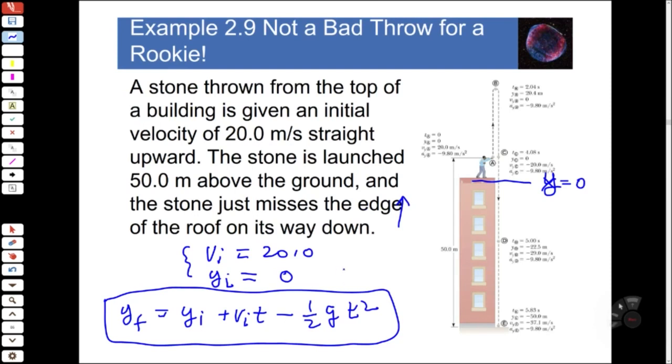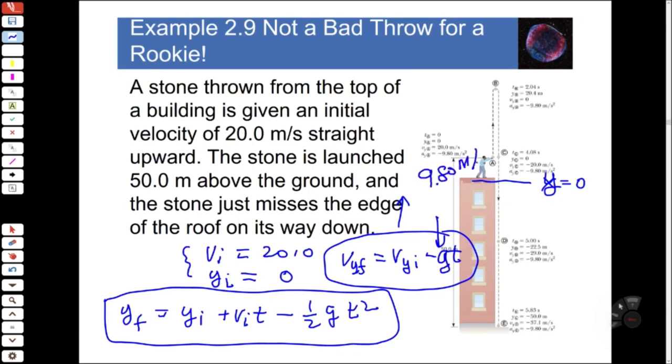And of course, v_y final is equal to v_y initial minus g t. Here g is of course 9.80 meters per second squared.